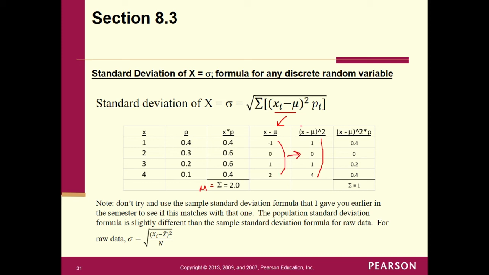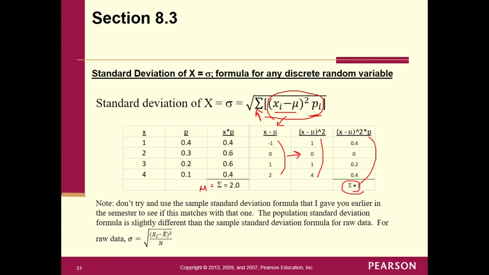Then I took those values and multiplied by how often x shows up, which is over here. So we took 1 times 0.4, that's 0.4; 0.3 times 0, that's 0; 0.2 times 1, that's 0.2; 0.1 times 2, that's 0.4. The last step says take all of those and add them up. What do we get? We get 1.